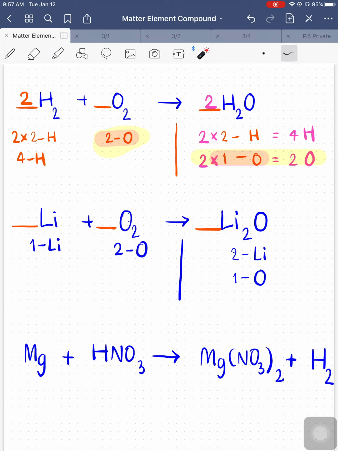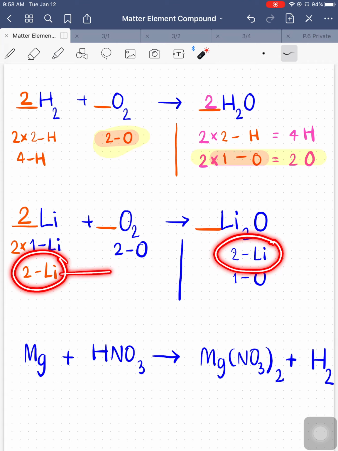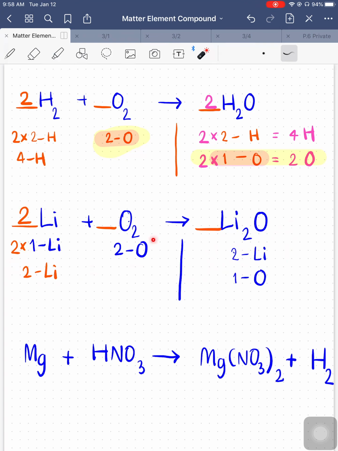If you would like to make the lithium equal, let's see first. This one should be 2 lithium, so you have to put 2 with this. If you put 2 with this, lithium will be 2 on your left hand side, and the right hand side will be 2 also. This one is okay, balanced. And how about oxygen?